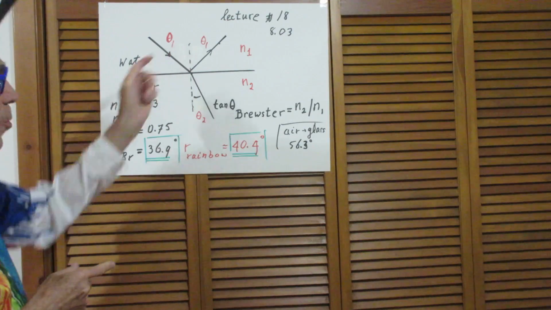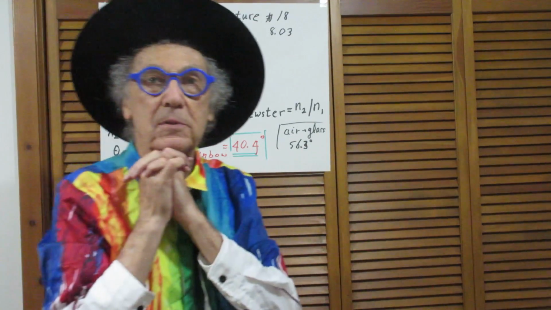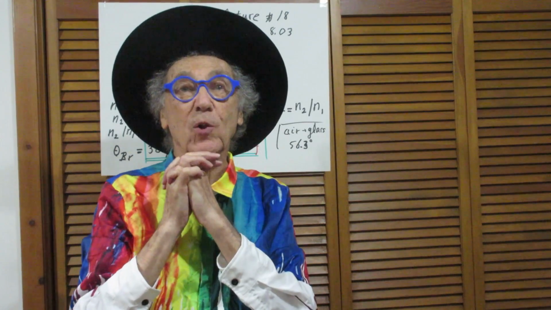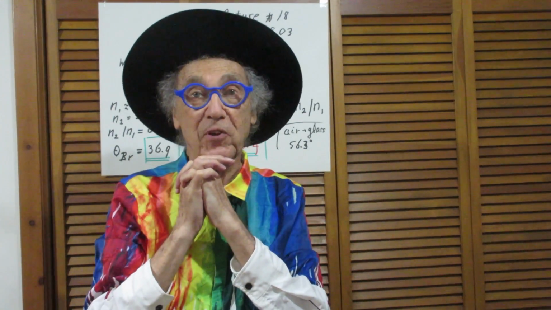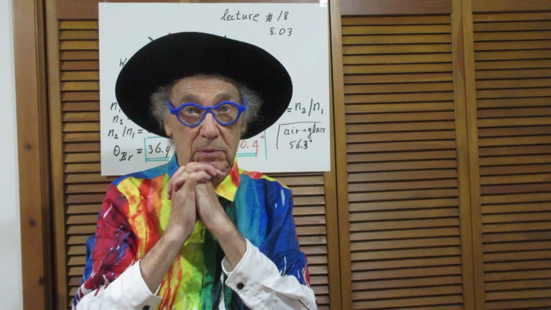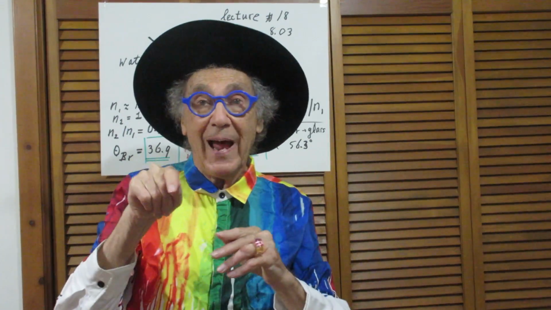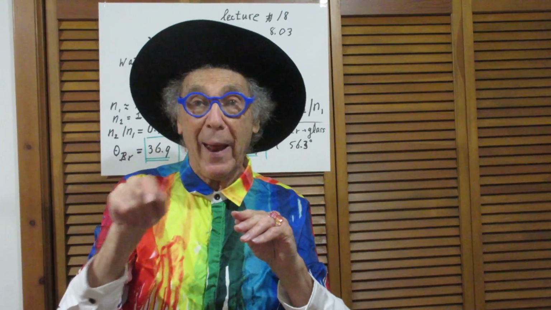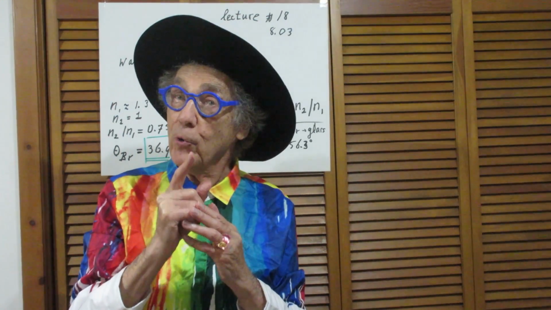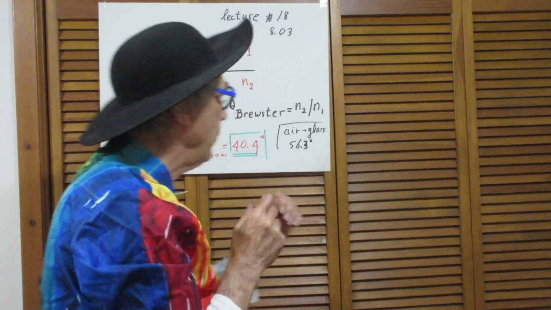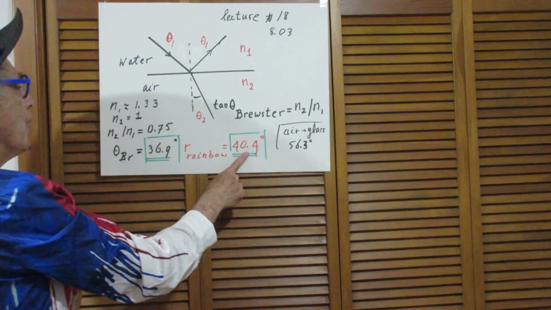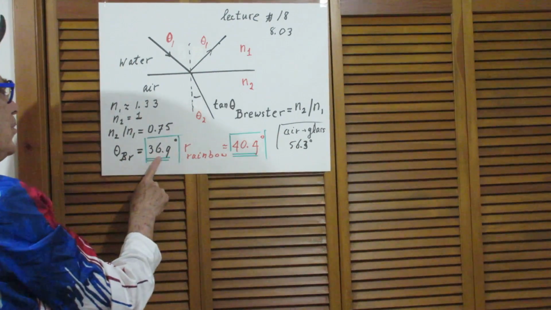And go back now to my earlier video. That angle R, as in Richard, which is the angle of incidence when the light reflects off the back of the water drop, when the rainbow occurs, is very close to 40.4 degrees. And look how close the 40.4 is to the 36.9.